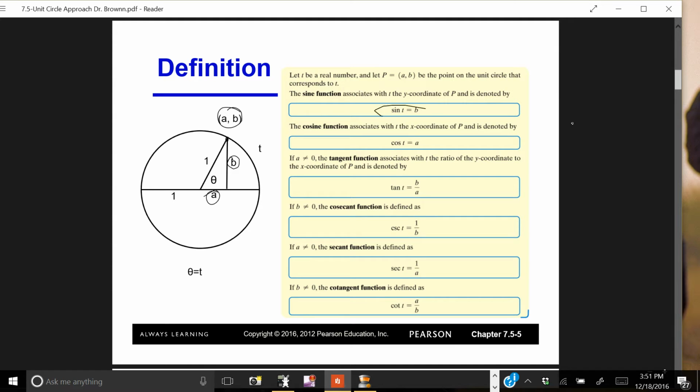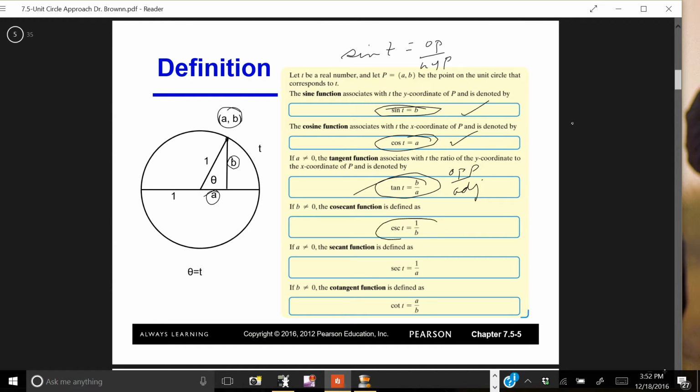The sine function of t would be equal to the opposite over the hypotenuse, which is b. The cosine would be the adjacent over hypotenuse, and since the hypotenuse is 1, it would be a. The tangent function would be opposite over adjacent, which would be b over a.